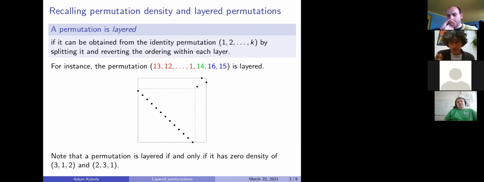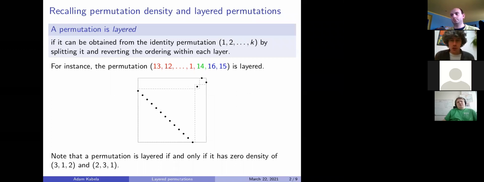The length of the first layer is 13, the length of the second layer is 1, the length of the third layer is 2. So in particular, this is a permutation of total length 16. It goes as written up here. It has 3 layers. So this is an example of a layered permutation.